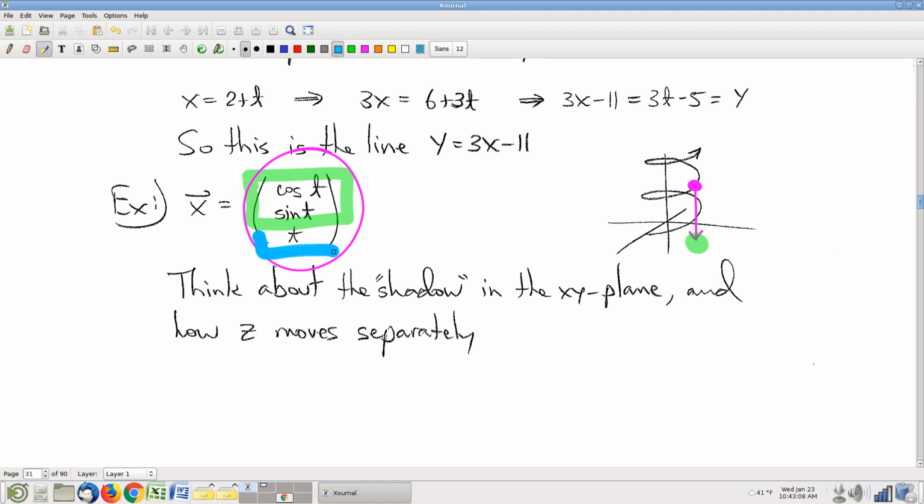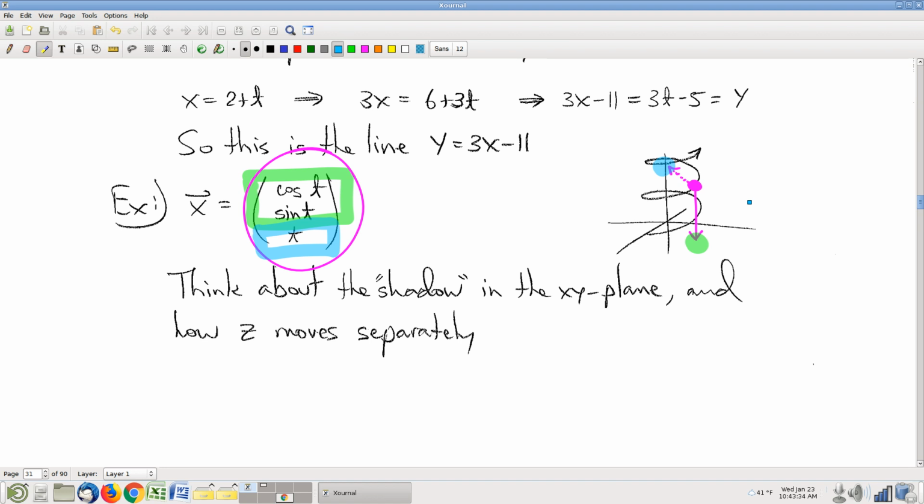Well, I can look at just the z-coordinate. Looking at just the z-coordinate means effectively you're going to project over here to the z-axis. That z-coordinate is also easy to understand. It's just t. What happens as time increases? What happens to t? Well, it increases, right?